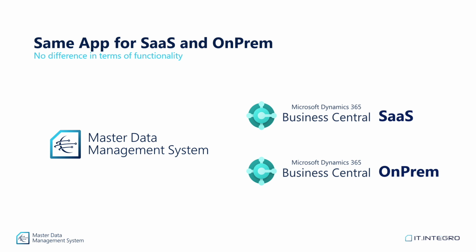In terms of the differences between the software as a service and the on-prem version, there are no differences in terms of functionality. So the same thing that you could see on the demo just before, which was on the SaaS version, can be achieved with the on-prem version.